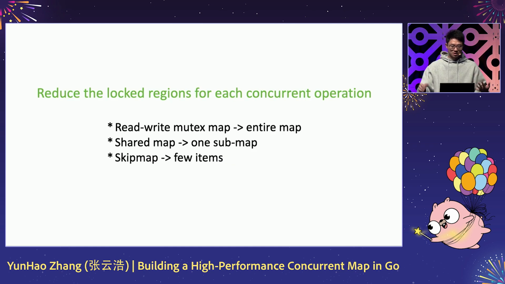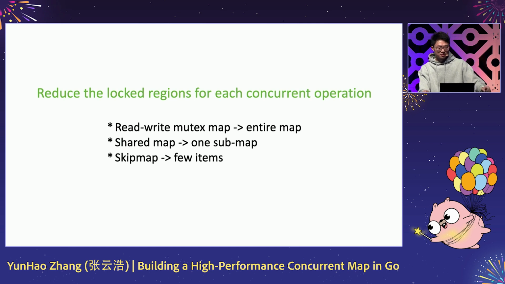So let's summarize this talk. The key to improving high concurrency performance is to reduce the locked regions for each concurrent operation. For example, when inserting an item with the single read-write mutex map, the entire map needs to be locked.